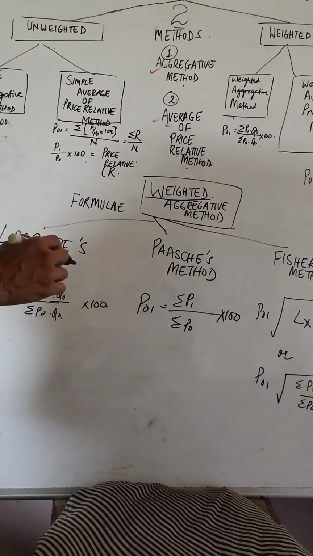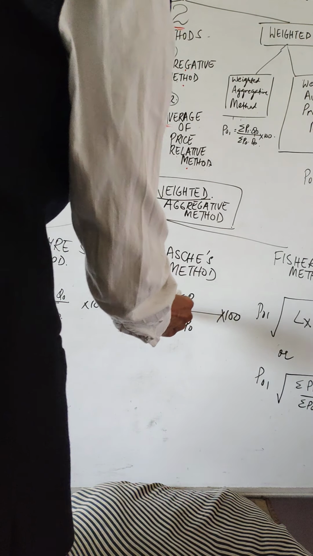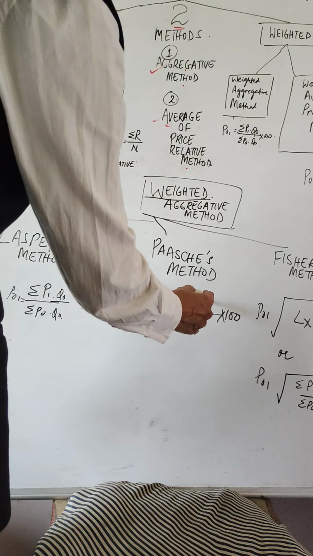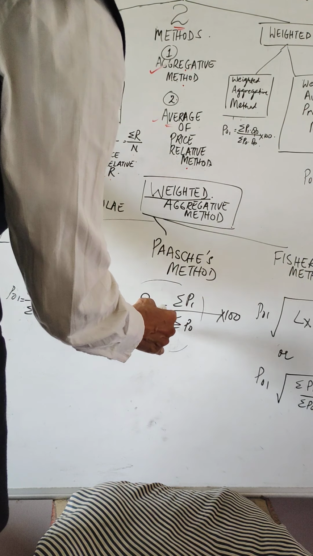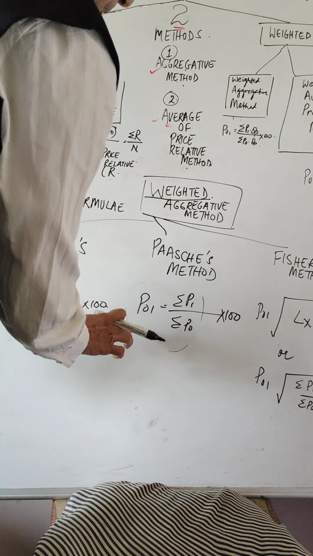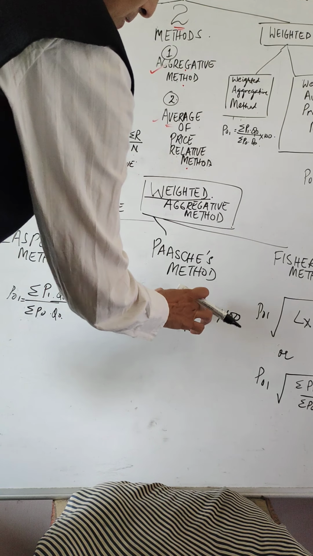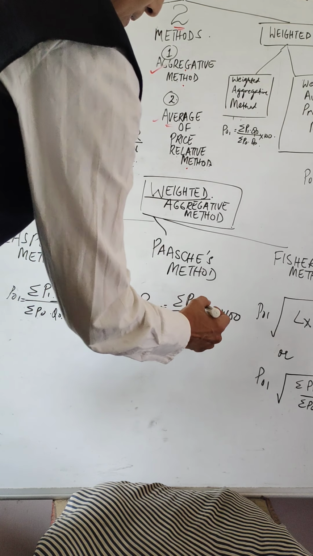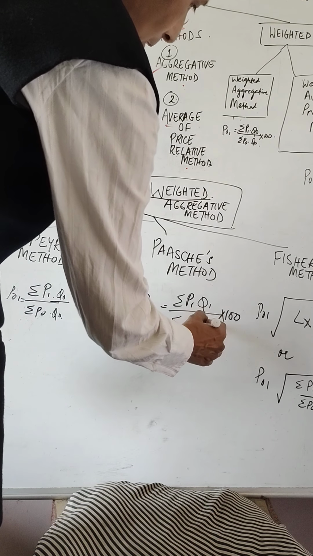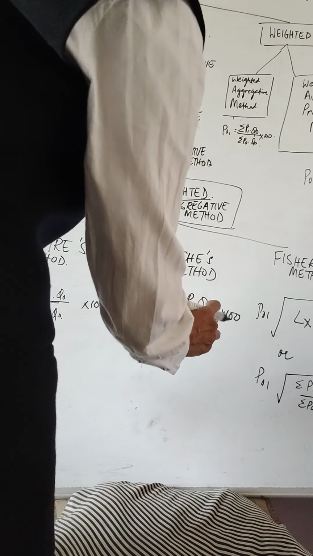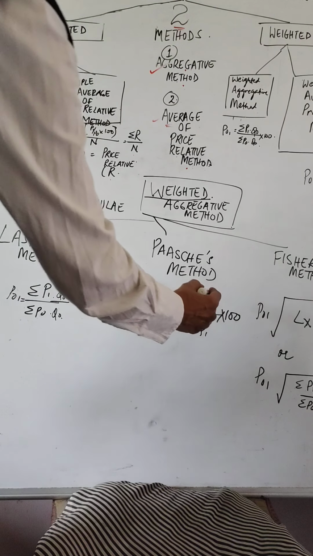Now in Paasche's method, just remember the formula. Again, this much is the simple aggregative method, but here we are going to do the weighted aggregative method. So here we multiply with the current year's weights, that is Q1.